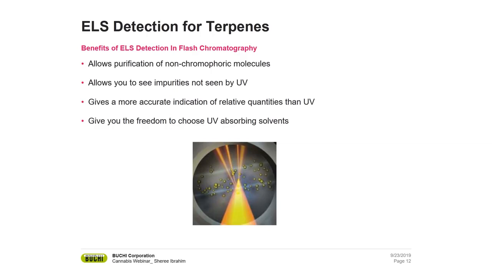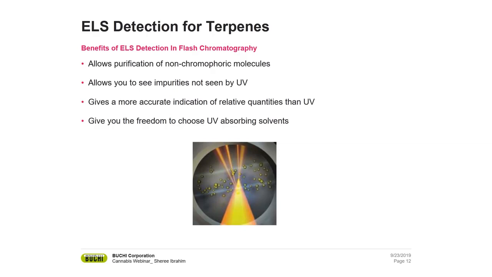ELSD allows you to see and purify compounds that are not UV active molecules. So for example, terpenes don't have a chromophore. So if you were using an instrument with a UV detector, you would not be able to see the terpenes in your purification. So here you have visibility of the terpenes by using the ELSD detector.